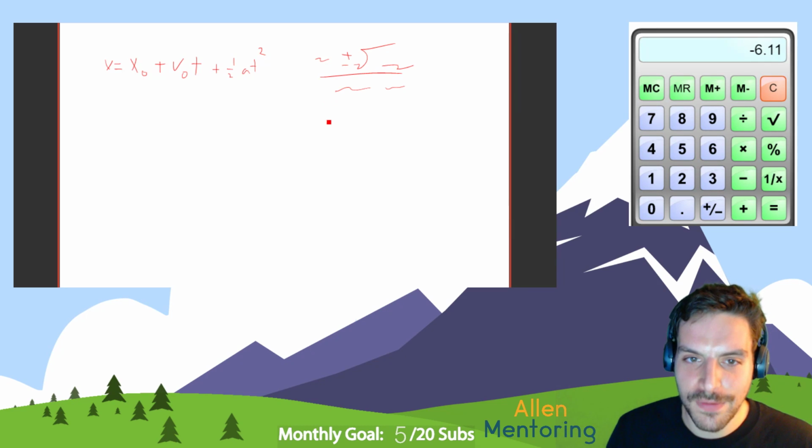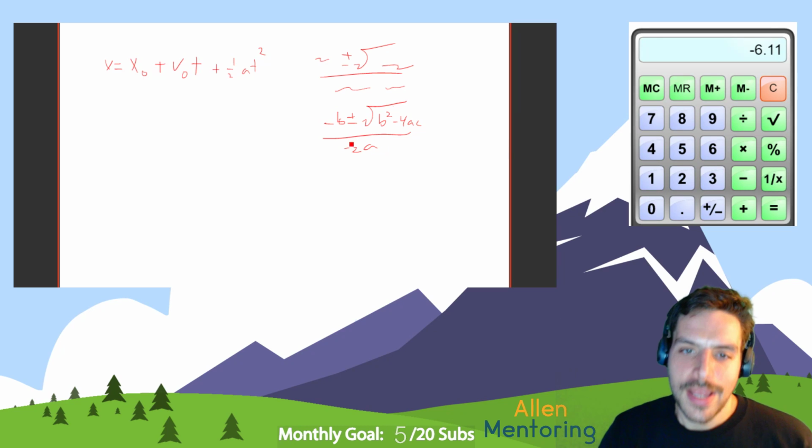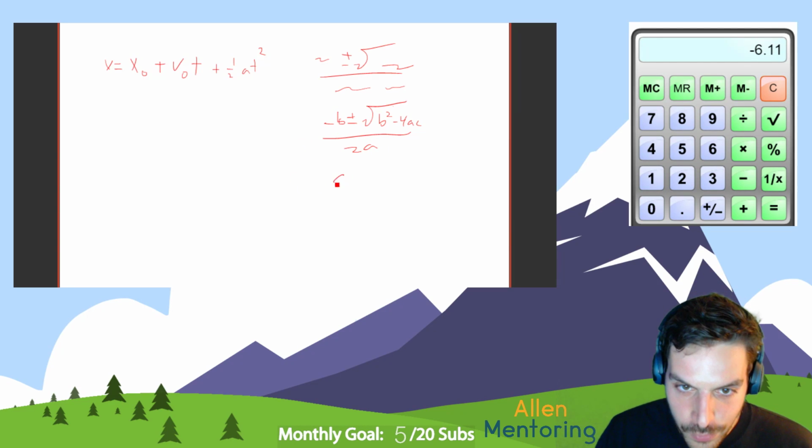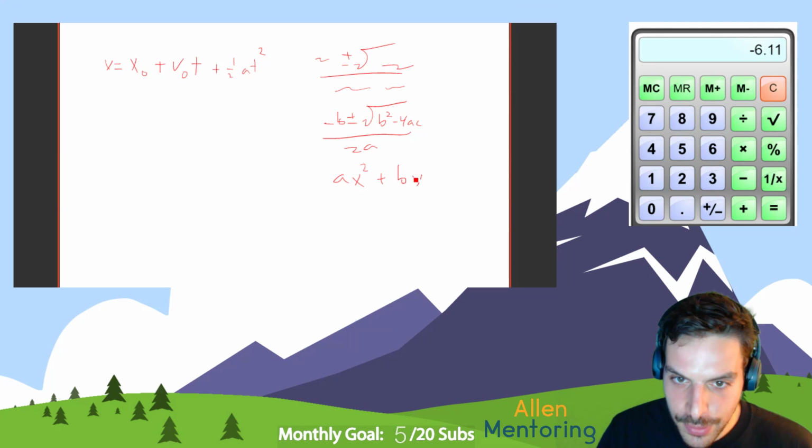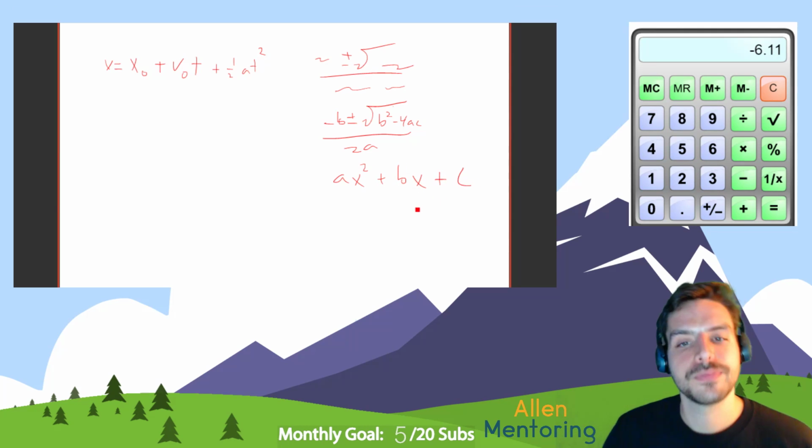The quadratic formula is negative b plus or minus the square root of b squared minus 4ac, all over 2a. And this works for any quadratic equation that can be written in standard form like that.